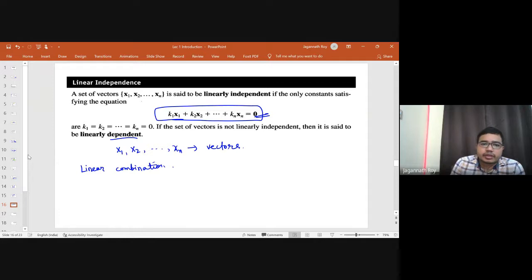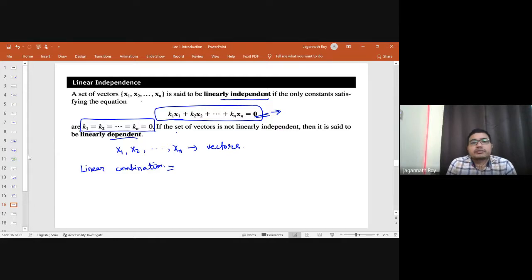If this equation gives you the solution that all the constants are 0, then we call it linearly independent. Otherwise, it is dependent. There is no third possibility. It cannot be both dependent and independent. So either it is dependent or it is independent. There are only 2 possibilities.